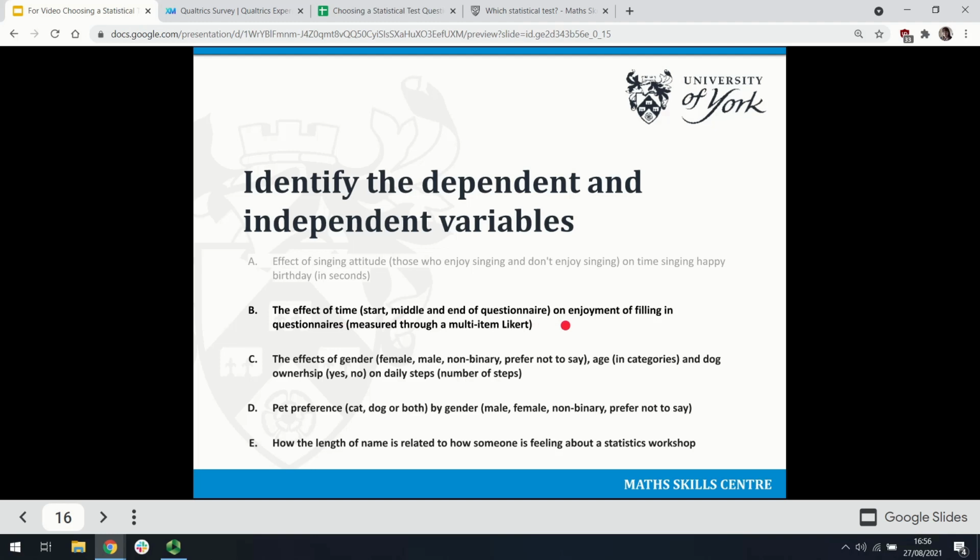In the second example, it's when you answer the question about how much you enjoy filling in the questionnaire, and it's time as in start, middle, and end of the questionnaire. So what I want you to do is stop the video and tell me what the dependent variable is, and what the independent variable or variables are in each of these questions, or whether there is no dependent or independent variable.